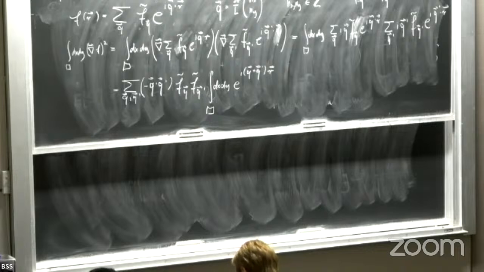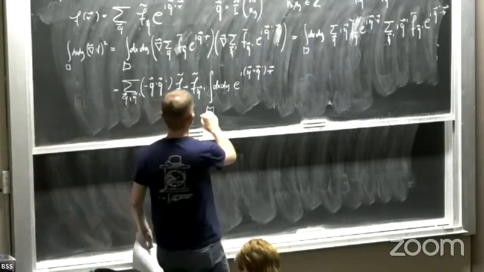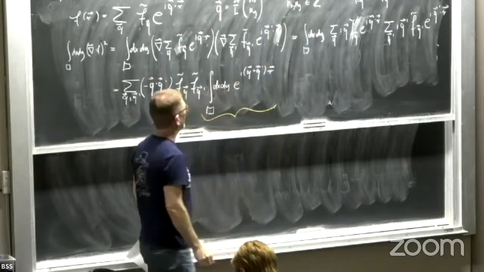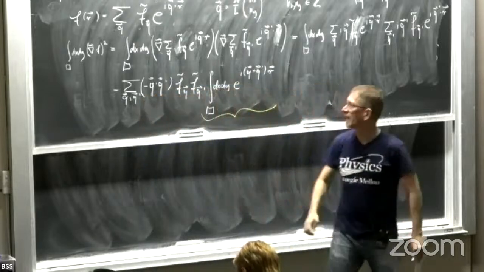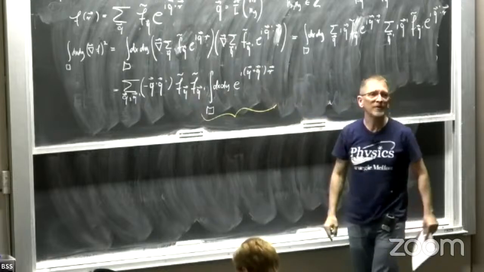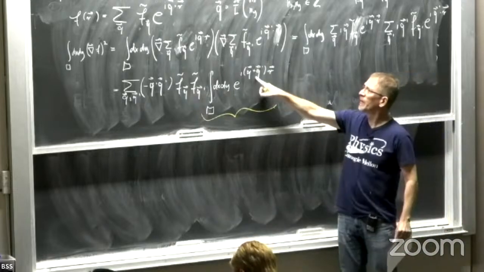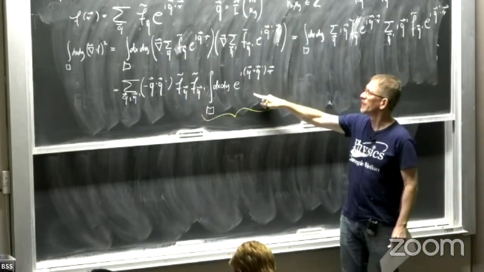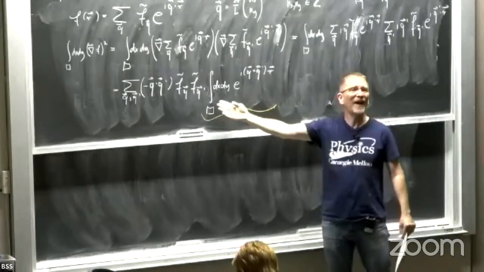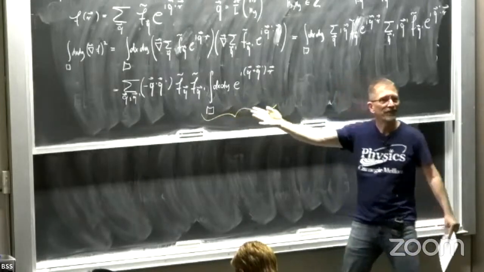And now comes the beautiful thing, which is that Fourier modes are orthogonal, which means that this integral is very easy. If it turns out that q and q prime are just negatives of each other, then q plus q prime is 0. So e to the 0 is 1. I just integrate over the patch and get L squared.